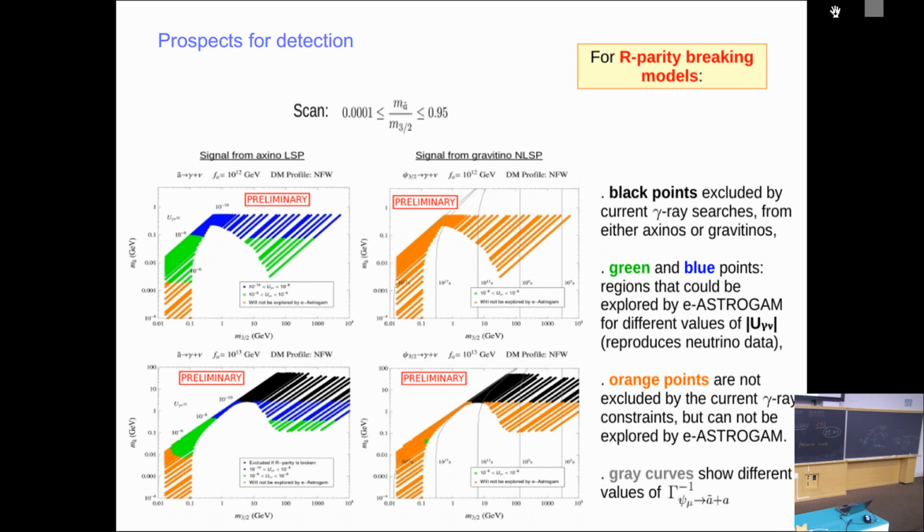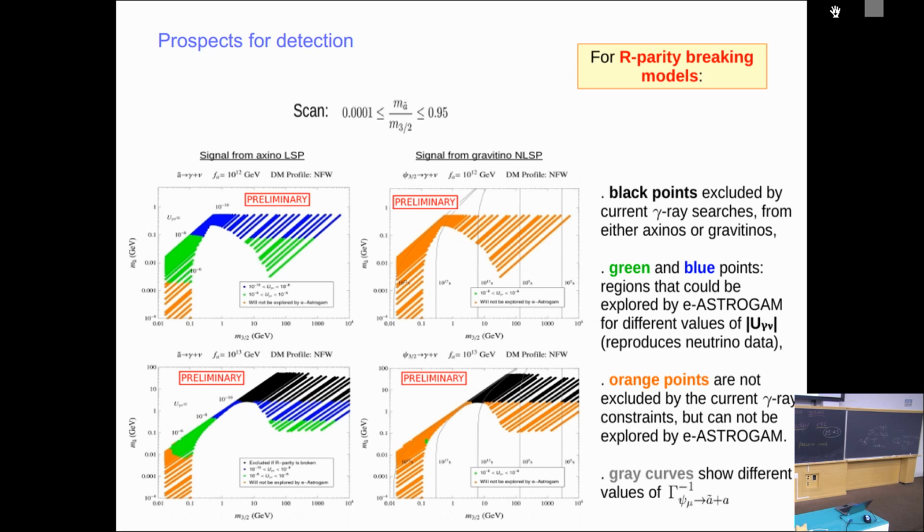And here is a very small region for this mass of the gravitino and this mass of the axino where in principle you are seeing a signal from both particles. So for this mass of the gravitino and the mass of the axino also, you are seeing a double smoking gun. And, okay, let's say you're lucky and you're in that region of parameter space, then this is observable in some experiments.